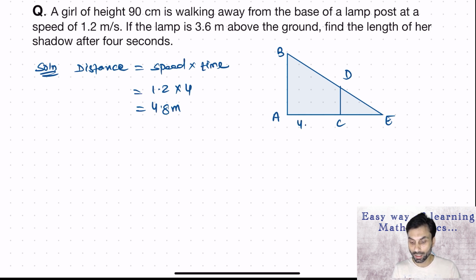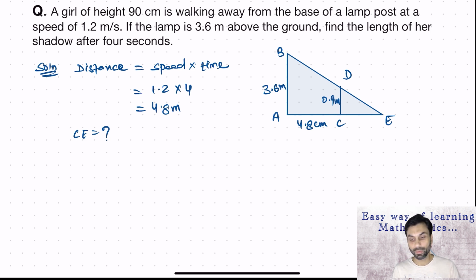That means here AC will be 4.8 meter. The height of the girl is 90 centimeter, which we can write as 0.9 meter, and the height of the lamp is 3.6 meter. We have to find the value of CE, which is the length of the shadow.